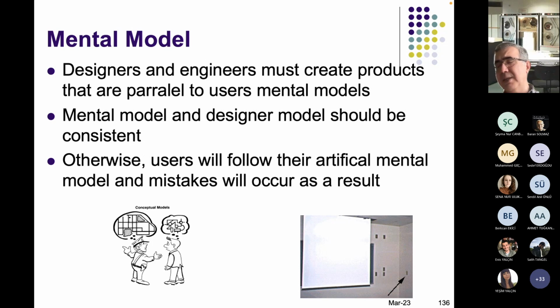Designers and engineers must create products that are parallel to users' mental models. The mental model and the designer model should be consistent. Otherwise, users will follow their artificial mental model, mistakes will result, and users will fail.